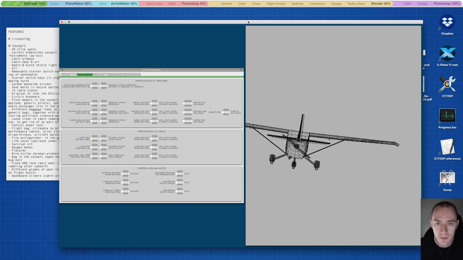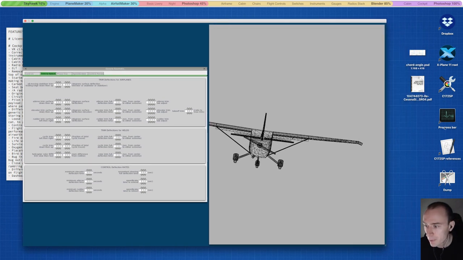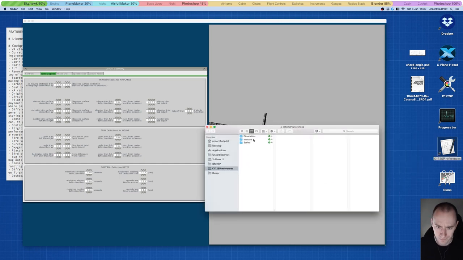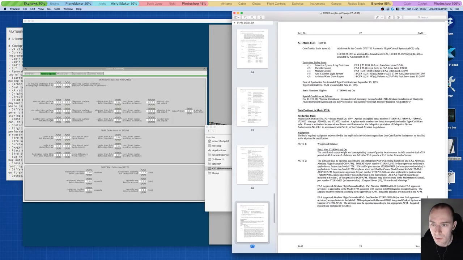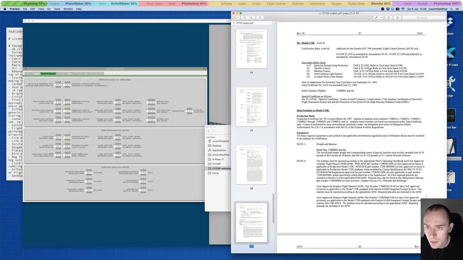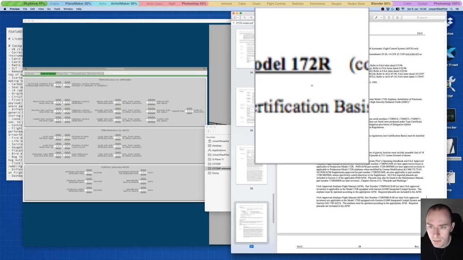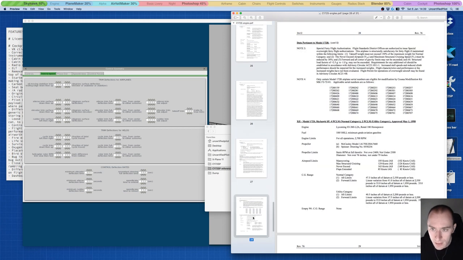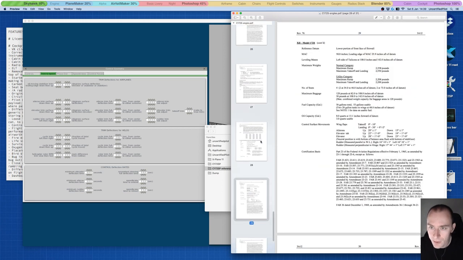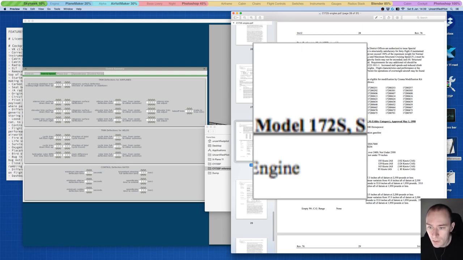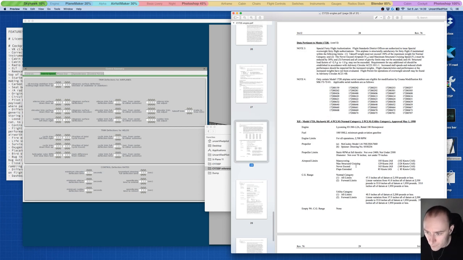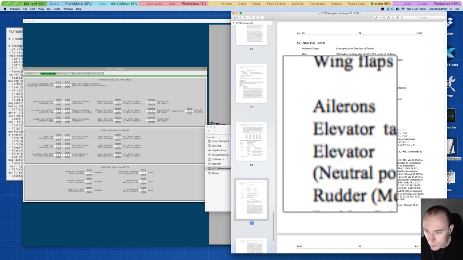So these are degrees. Well, that's something that I think we can look up. For example, here with my angles PDF that we were looking at just a while ago. That's the 172R. So let's go down to the S. Should be generally the same though, I think. 172S. Maneuver speed, blah, blah, blah. Ailerons, elevator tab.